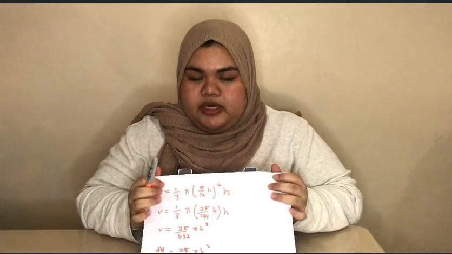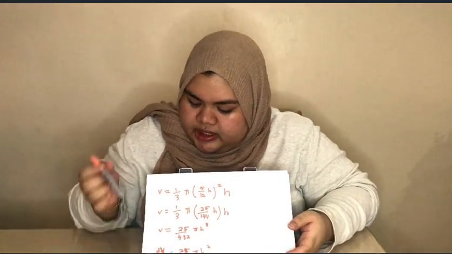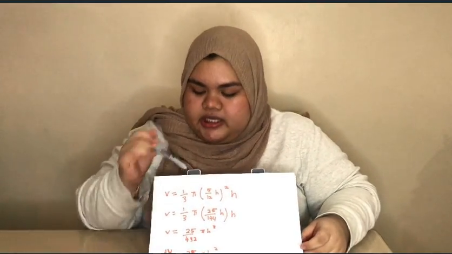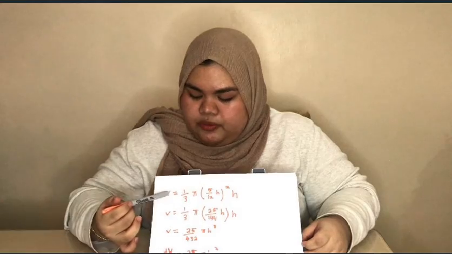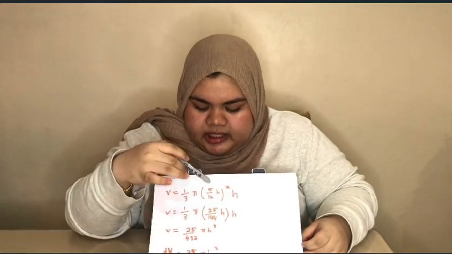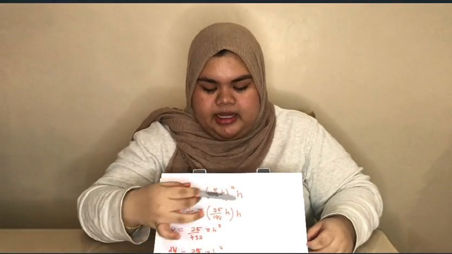After we change r into terms of h, we can replace the r in the formula. So volume equals 1/3 pi, in the bracket 5/12 h, and don't forget to put the square and h.